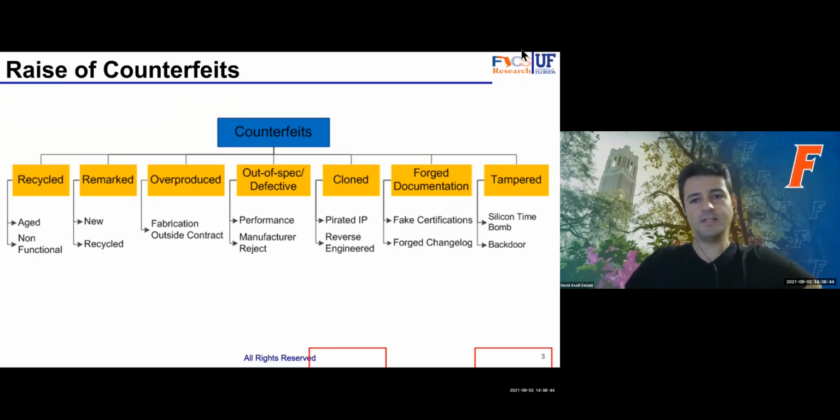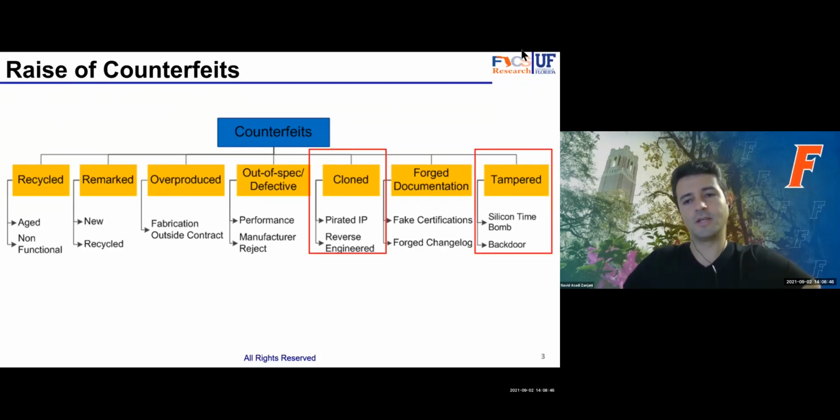But recently, these two are getting a lot more attention. The cloned and tampered chips, a lot of short-term and long-term monetary benefits for an adversary in these two. And that has made it a big topic these days in the conferences and in the other higher level programs that are coming out of different agencies and so on and so forth.